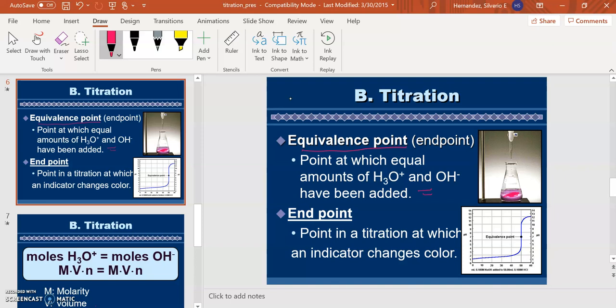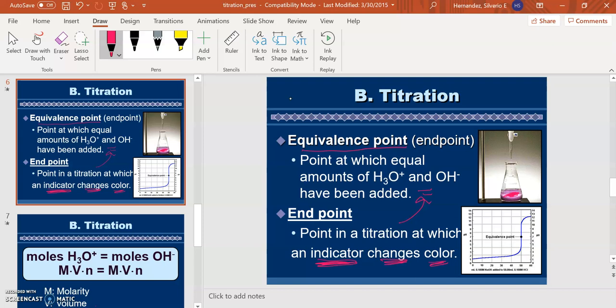Well, we have to have something that we can look at to determine the equivalency point between these two ions, and that's what's referred to as the endpoint. The endpoint has some kind of an acid-base indicator that's going to change in color, letting you know you've reached the equivalency of the hydronium and hydroxide ions.